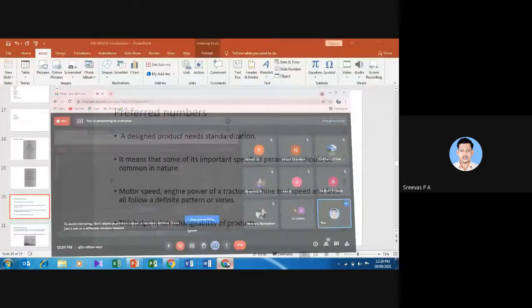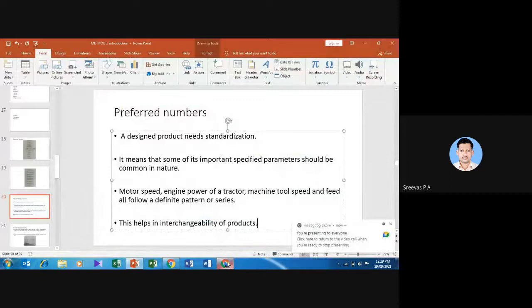Consider motor speed, engine power of a tractor, machine tool speed, as well as feed: all follow a pattern or series. This helps in interchangeability of products. That means you are manufacturing products in predefined sizes.